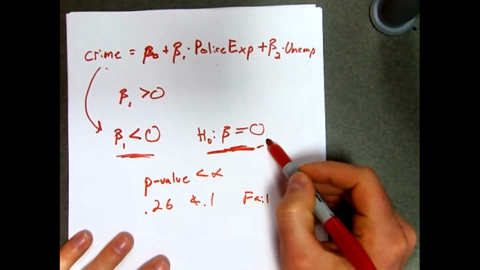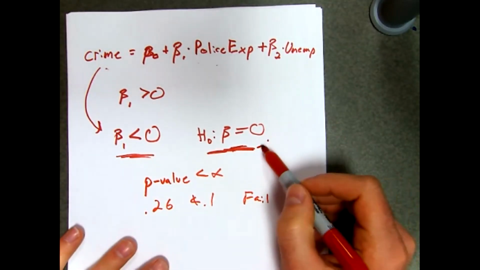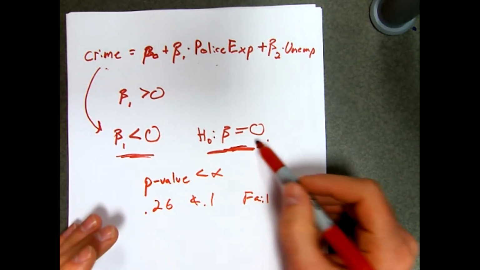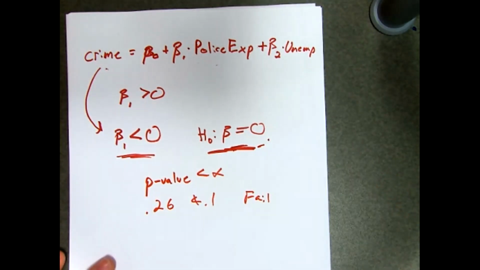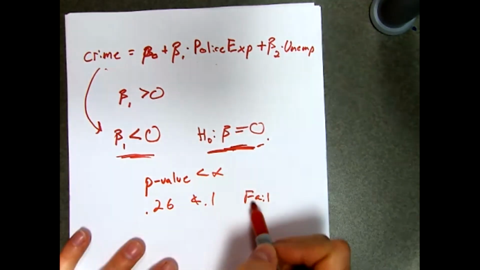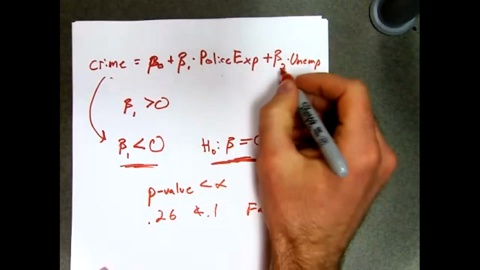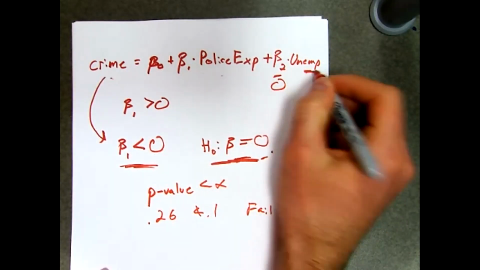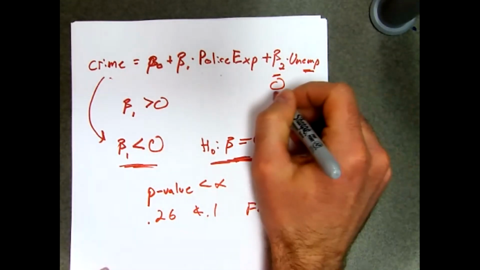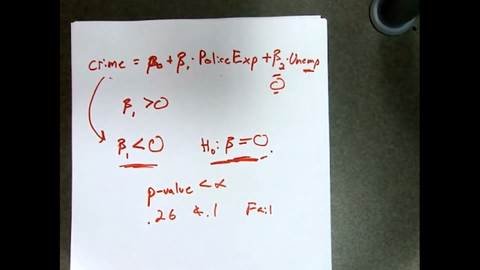Well, if I fail to reject the null with these linear regression examples, I'm really saying I can't reject that there's no relationship. So I can't really say that there's any relationship between GPA and being a student athlete, because I failed to reject that the coefficient was equal to 0. You can imagine, if this coefficient is 0, then it doesn't matter. If this x variable changes, anything times 0 would not influence that y variable.